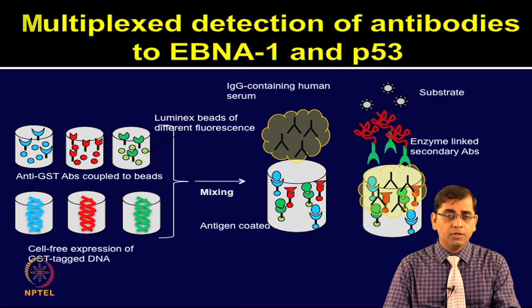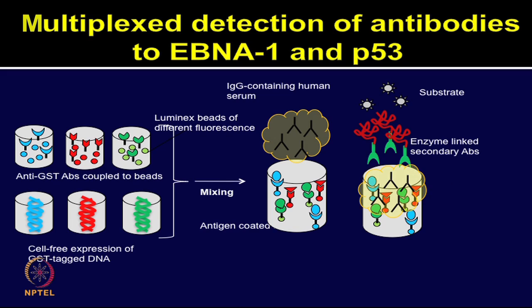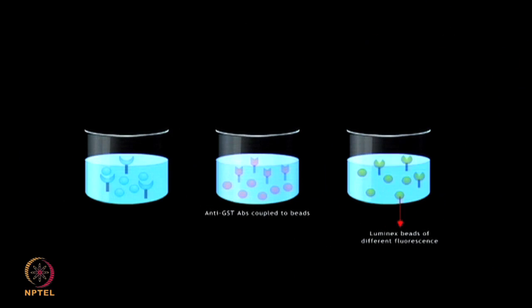Let us see the steps involved in this experiment in the following animation. We will now look at another application, rapid bead based assay for multiplexed detection of antibodies to EBNA1 and p53, study by Wong et al. 2009.